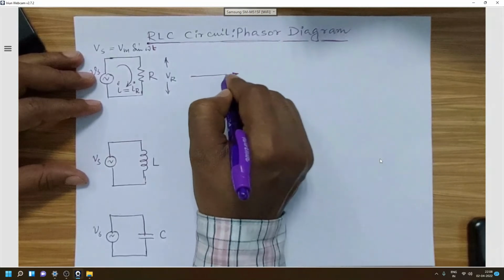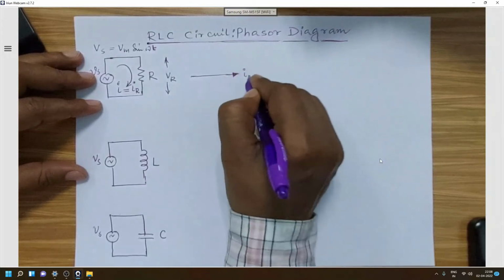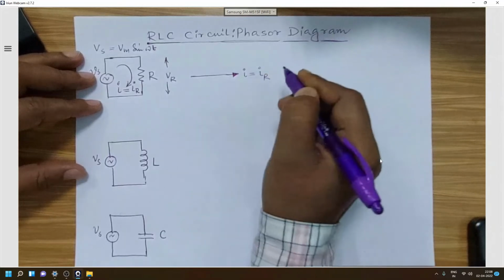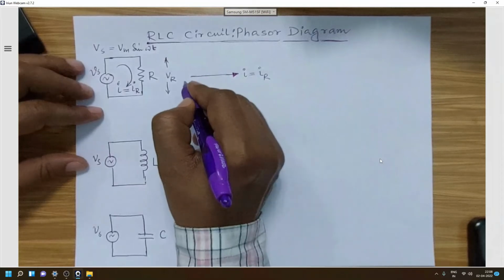So now if we represent this arrow as our current phasor, that is I equal to IR, we have to draw the voltage phasor.